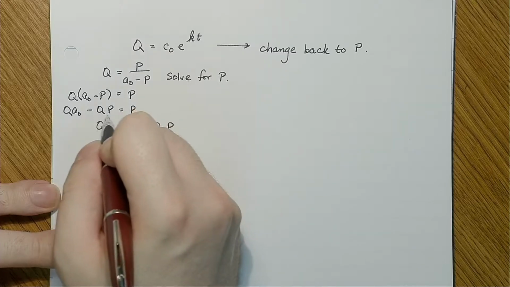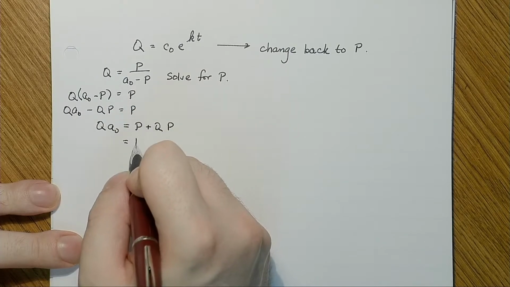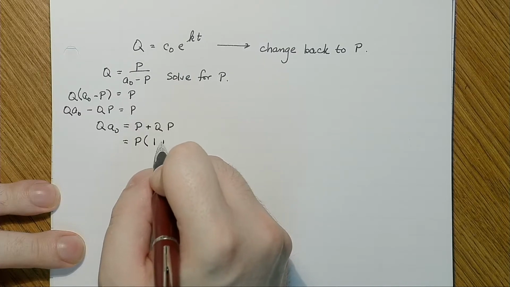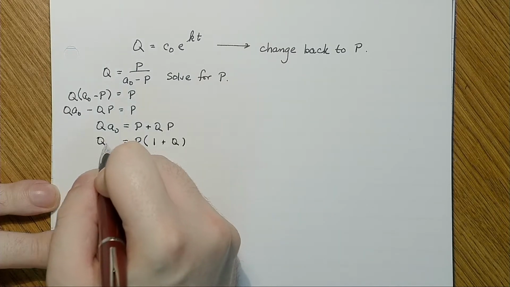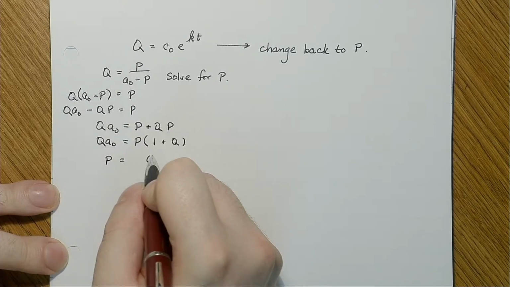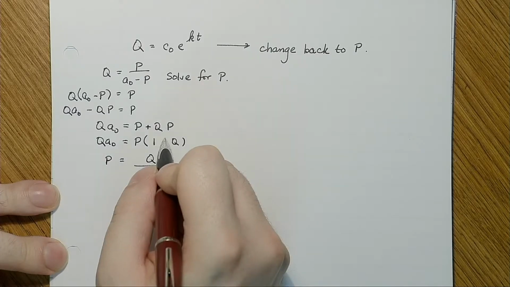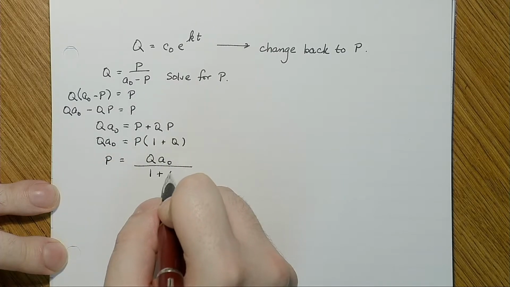So I brought this over to the right-hand side. It's changed signs. And now I can factor out the p, so I'm left with 1 plus q. And I'm just going to finish that off so that I have q a naught is equal to, and I bring that over, so that's 1 plus q.